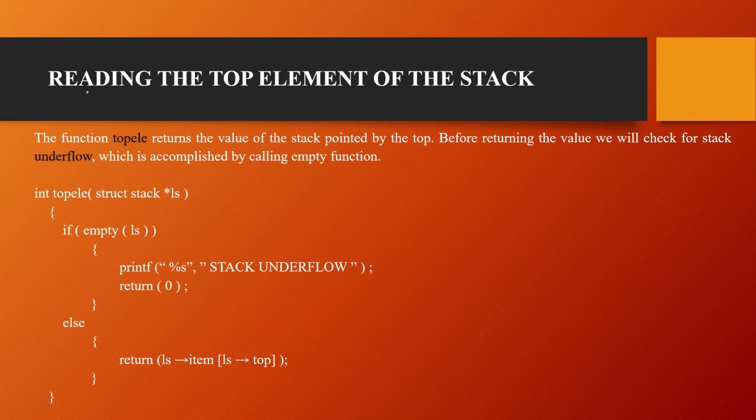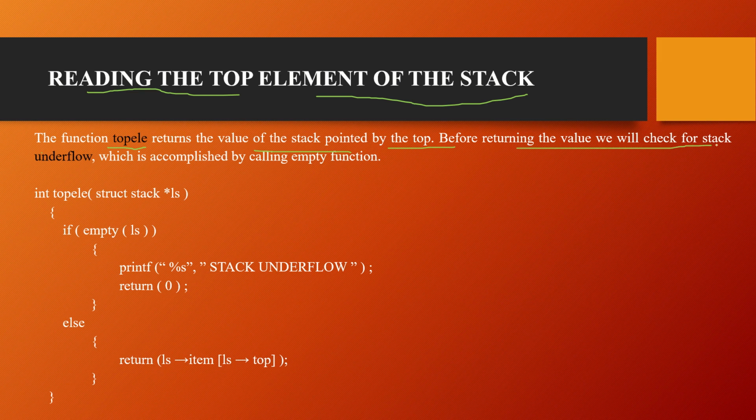Now the next algorithm is reading the top element of the stack. So we have to just print the value of the location indicated by top, that is reading the top element of the stack. So we have a function named top ele that returns the value of the stack pointed to by the top.